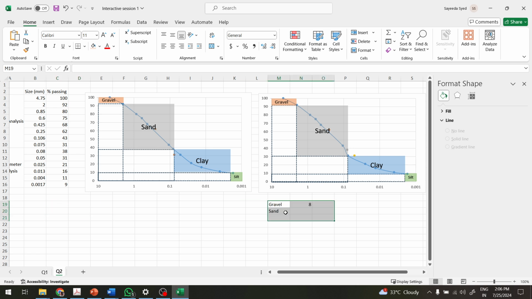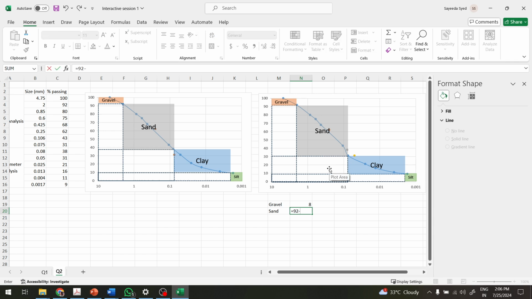For this, sand will be 0.75 is 31. So this will be 92 minus 31. Sand will be 61%.